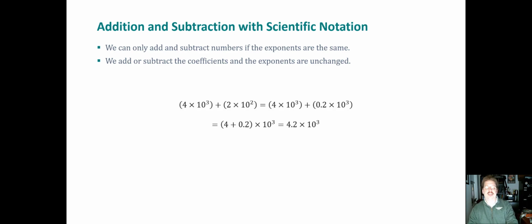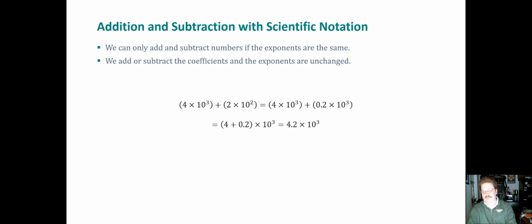Those need to be the same. And so what we're going to do is take the second value and change it from 2 times 10 to the 2nd to 0.2 times 10 to the 3rd. We have moved the decimal place to the left. That increases, or increments, the exponent by 1. Then you add the coefficients together, and you get 4.2 times 10 to the 3rd.